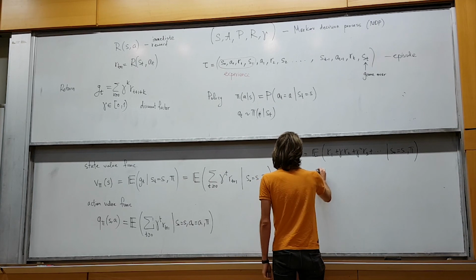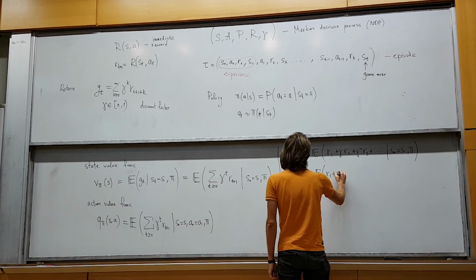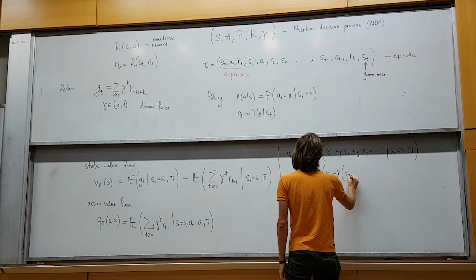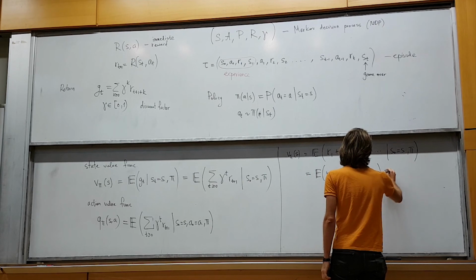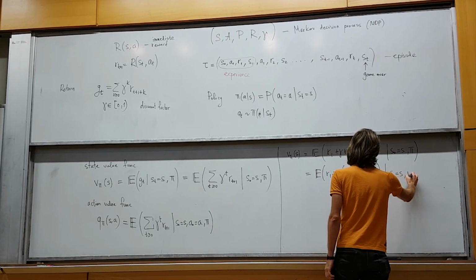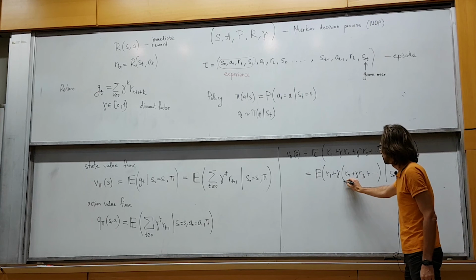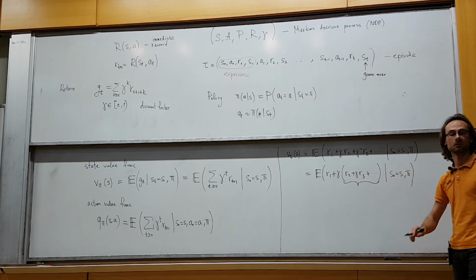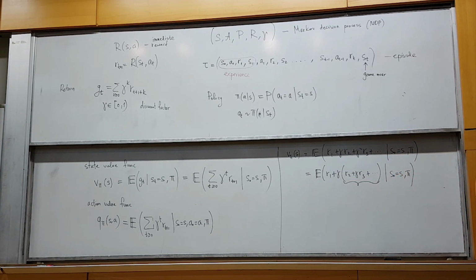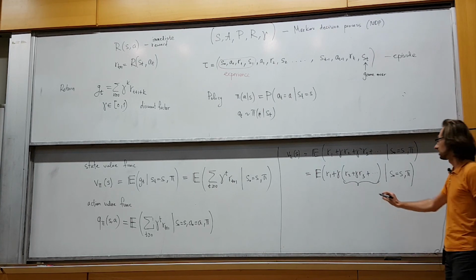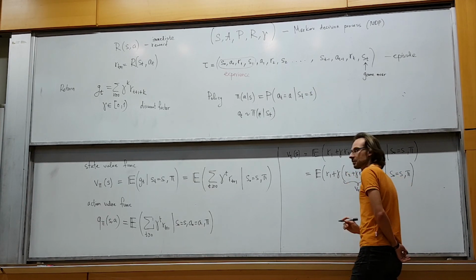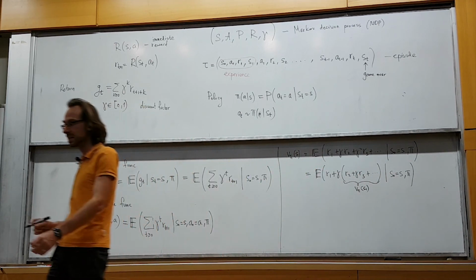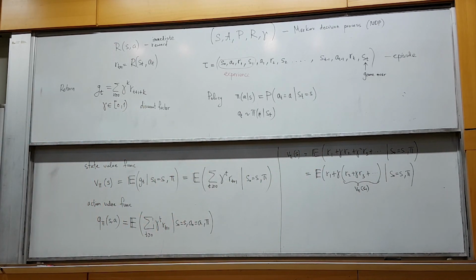So let me write this as the expected value of R1 plus gamma times (R2 plus gamma R3 and so on) given S_0 and pi. Now what can you see here? This is also V^pi, right? It's recurrent. Basically it starts from state S1.